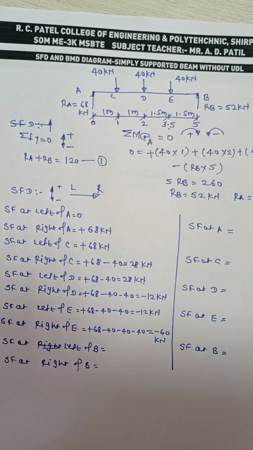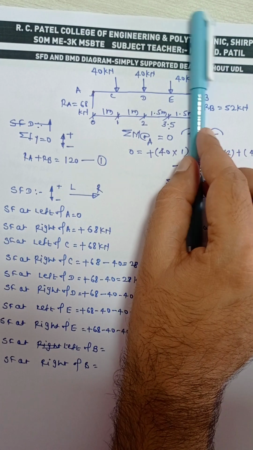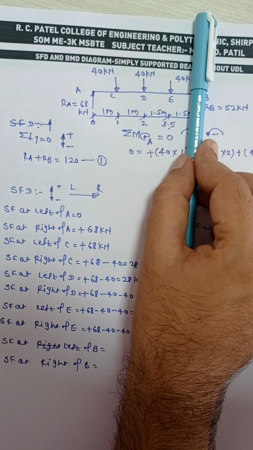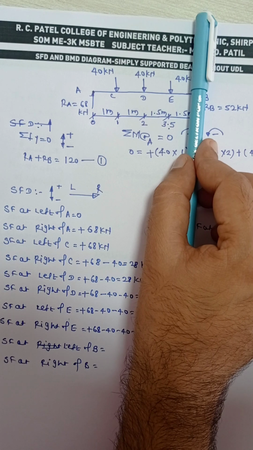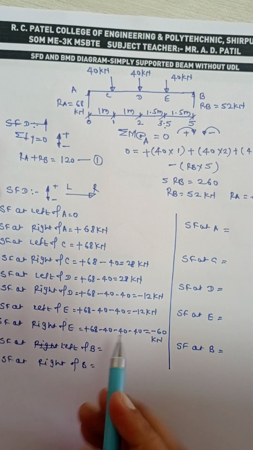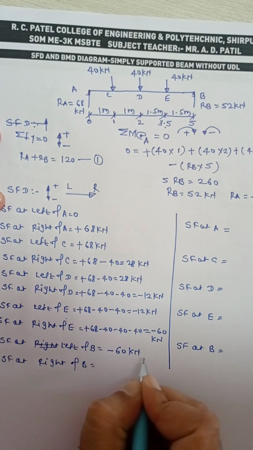Next is the B point. At left of B we also observe the same forces, 68 and 40 kilonewton at C, D, E. So the answer will be the same, which is minus 60 kilonewton.